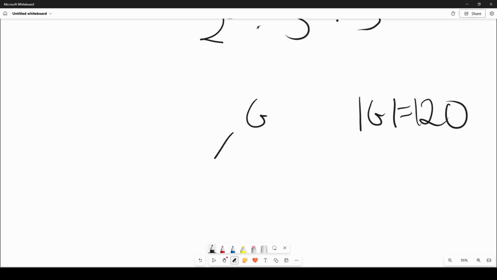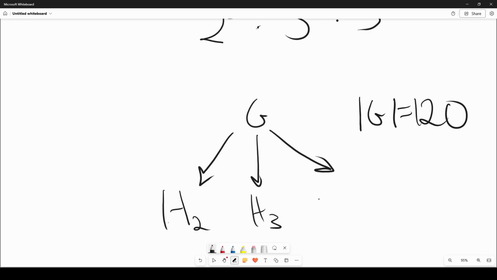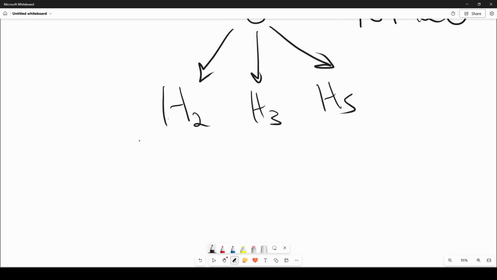Then I can try to imagine splitting my group G into 3 subgroups, which I'm going to call H2, H3, and H5, where similarly as above, the size of H2 is like a p-group where p is 2, and its size is 2 cubed or 8.